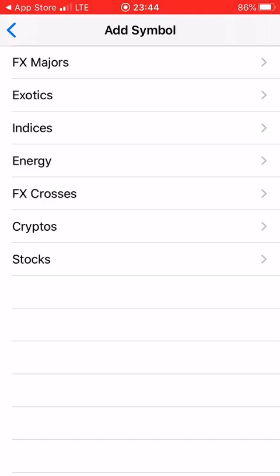So in different crosses. A cross is basically, if it's not a US pair, then it's a cross, say the Euro towards the GBP, the Great Britain pound. That would be your cross. And for the exotics, they have crosses too, but this is the regular crosses right here.